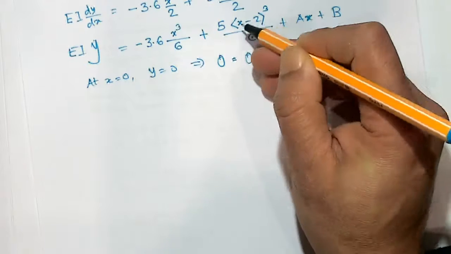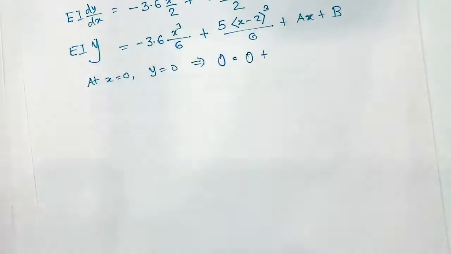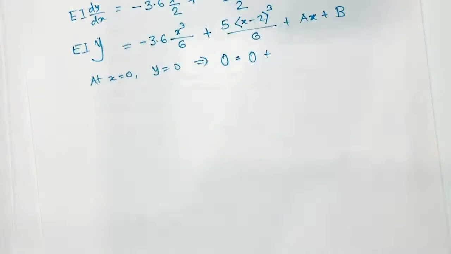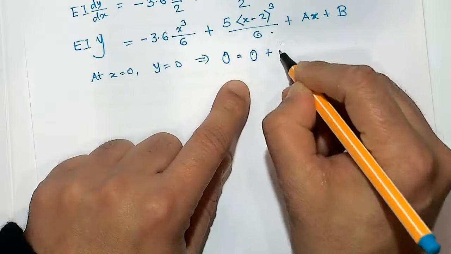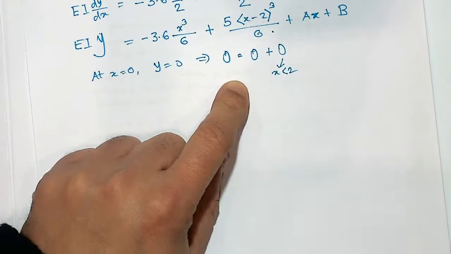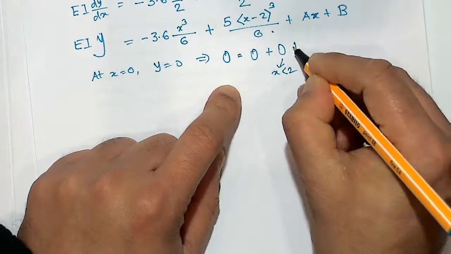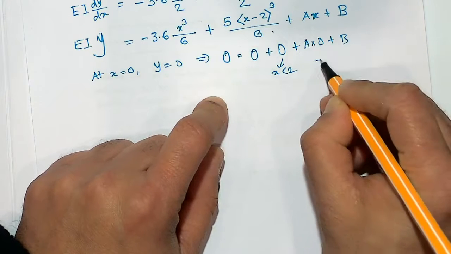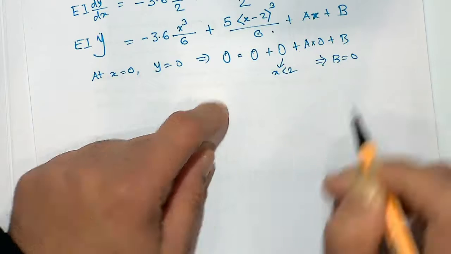Because if x is less than 2, you can think of a switch: if there is any negative value there, the switch is off, so that will not output any value at all. So the second value would be 0 anyway, because x is less than 2. And then a times 0 plus b. So the first equation will give you b equal to 0.